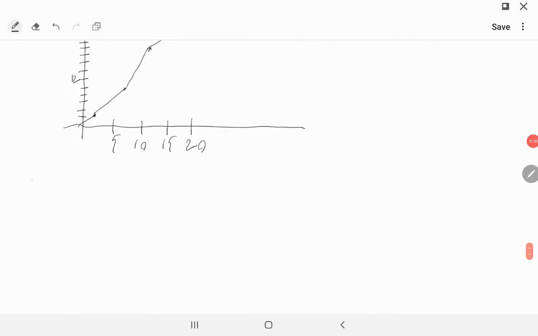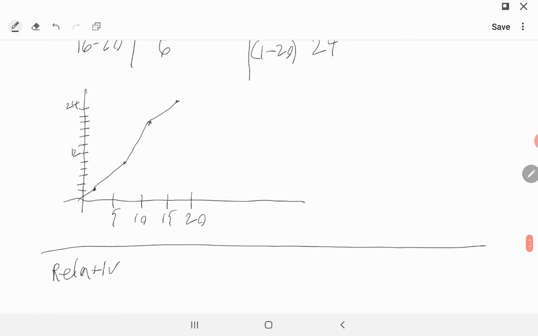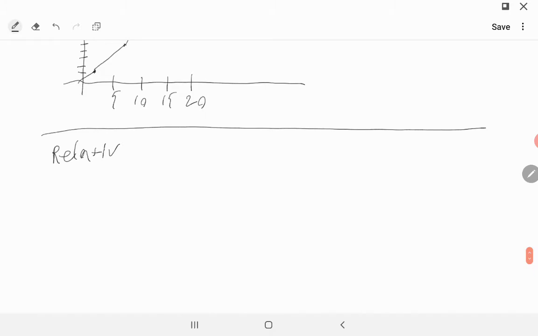Another variation is the idea of a relative frequency histogram.